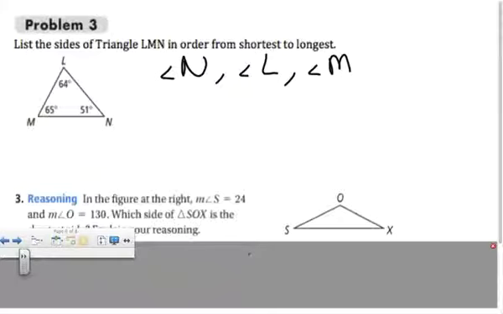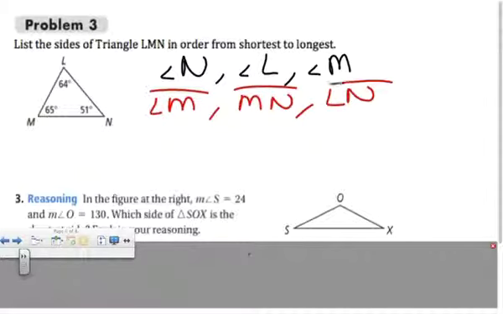The side opposite each angle is the other two letters of the triangle. So, what are the other two letters? LM. Other two letters? And once I had this, I wasn't even looking at the diagram in order to get that red line.